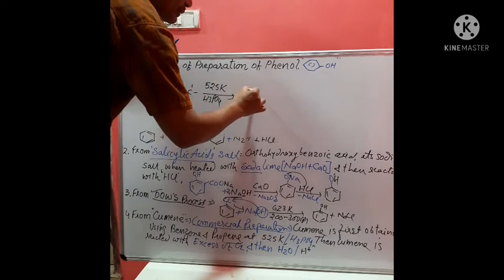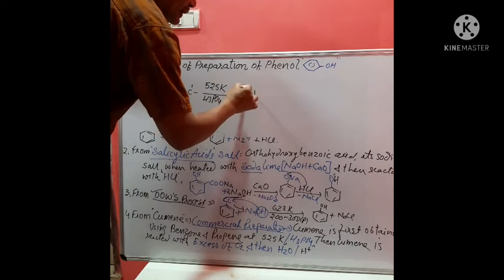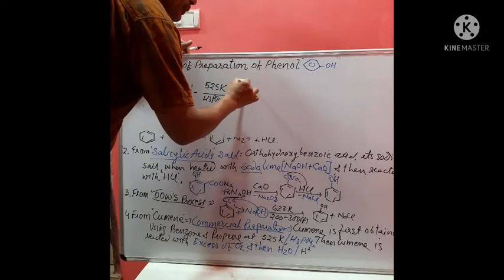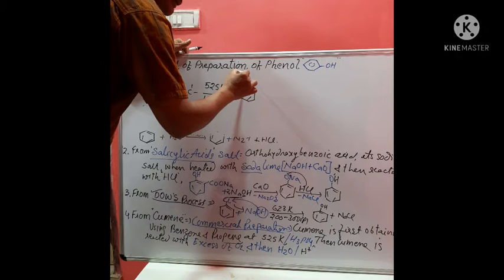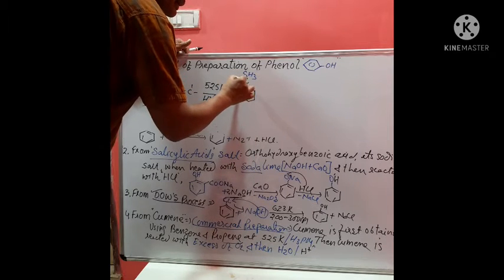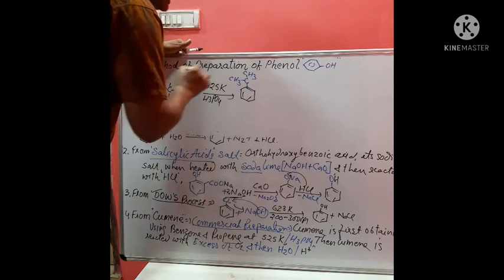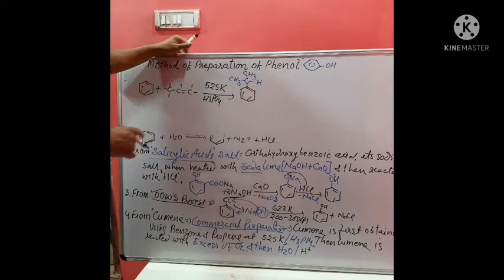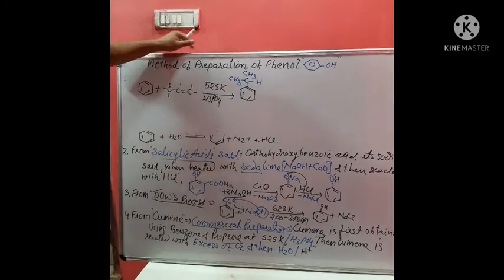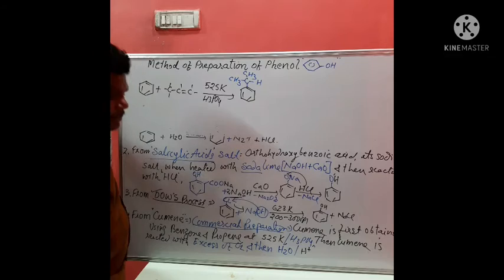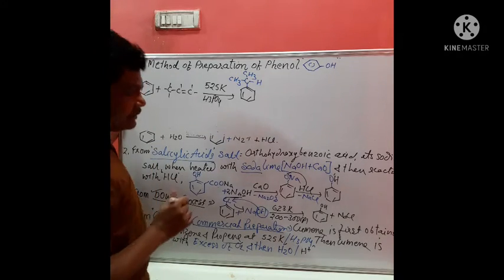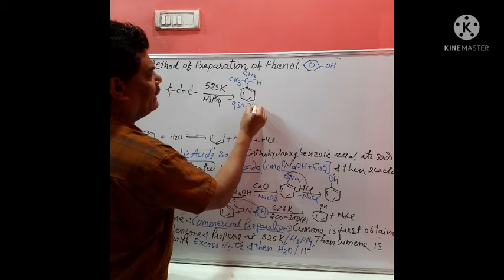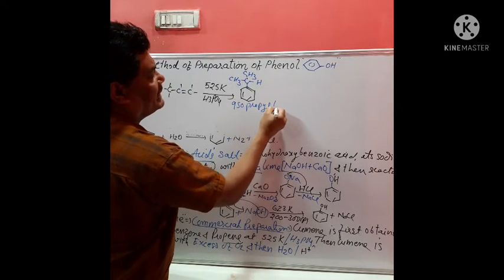So it forms first the cumene compound. What is cumene? It is a very interesting compound. CH3, and this is CH3, and this is H. This compound is called what? Cumene. Okay, chemically, what is cumene? It is isopropyl benzene.